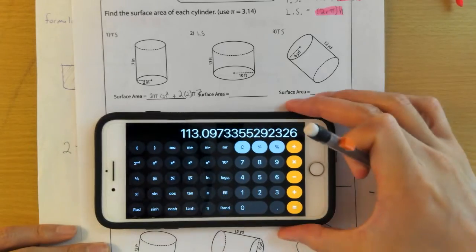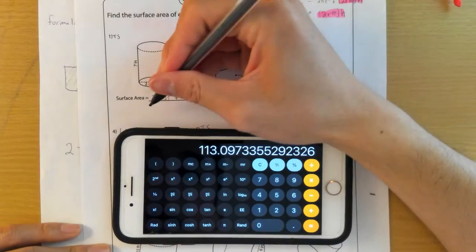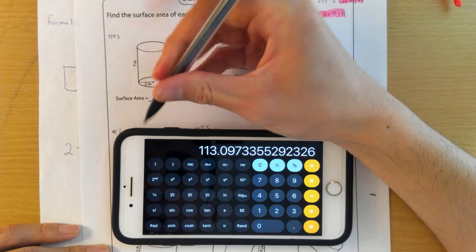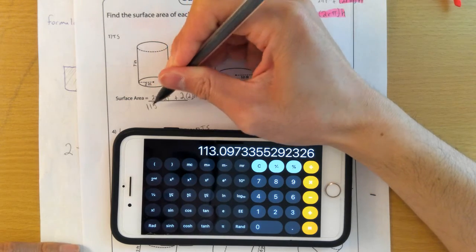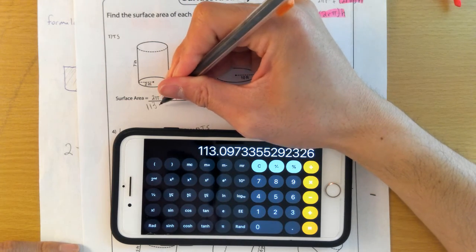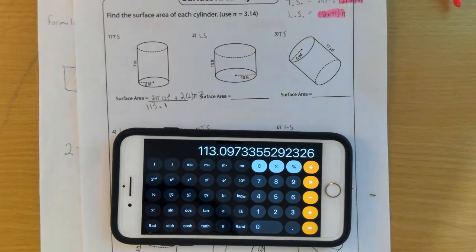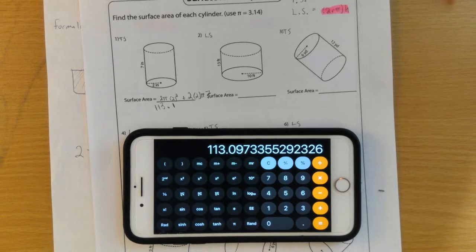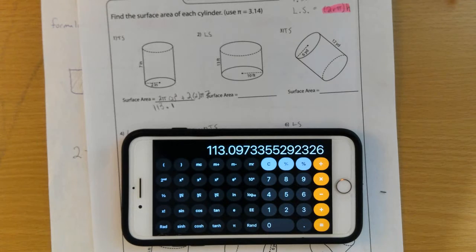So your answer should have been 113.09, which I will just round to 0.1. Let me check my answer, and that is correct.